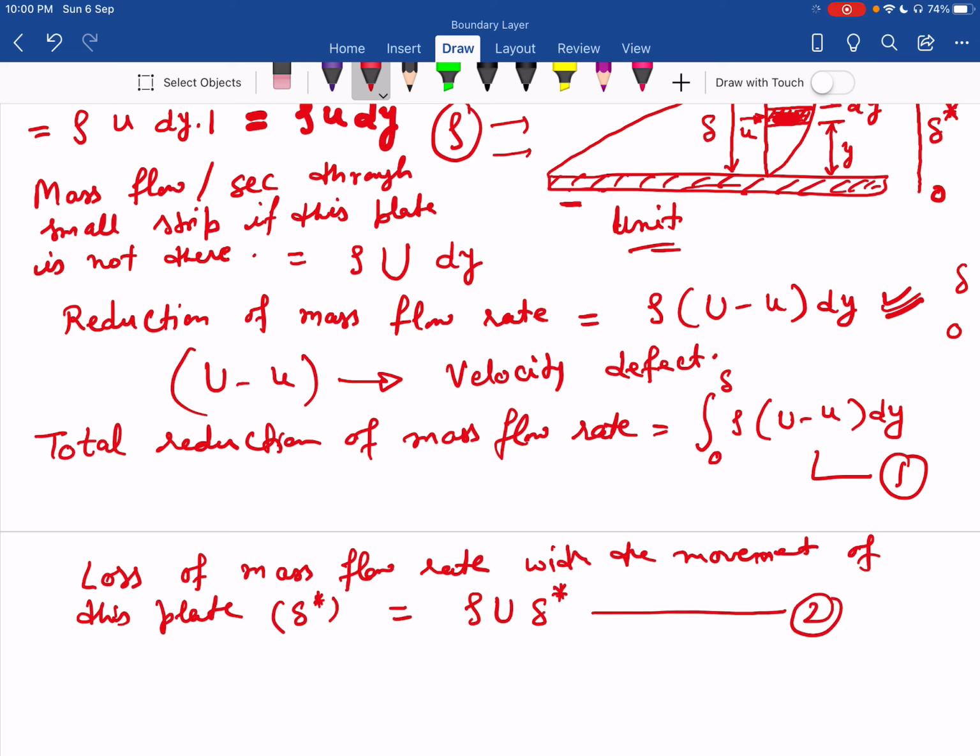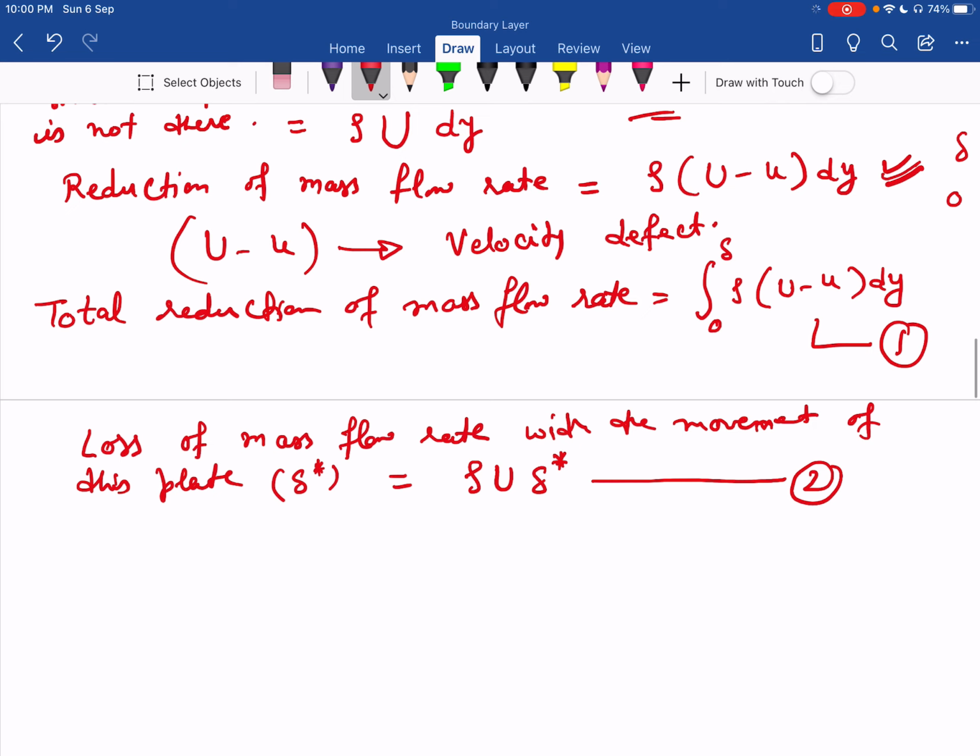So again, this is the loss of mass flow rate. Now you can see equation 1 is equal to equation 2, because both are the reduction of mass flow rate due to the presence of this plate or due to the movement of that plate. So I equate 1 with 2. I can write rho U delta star equals the integration from 0 to delta of rho (U minus u) dy.